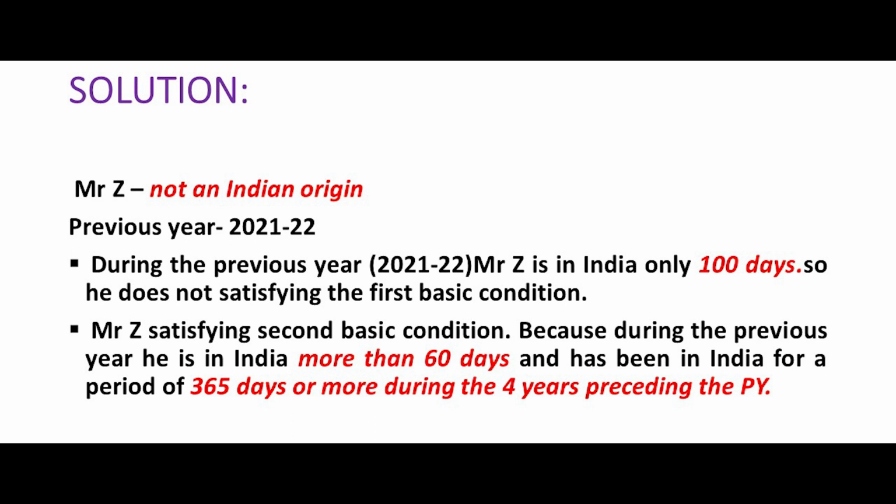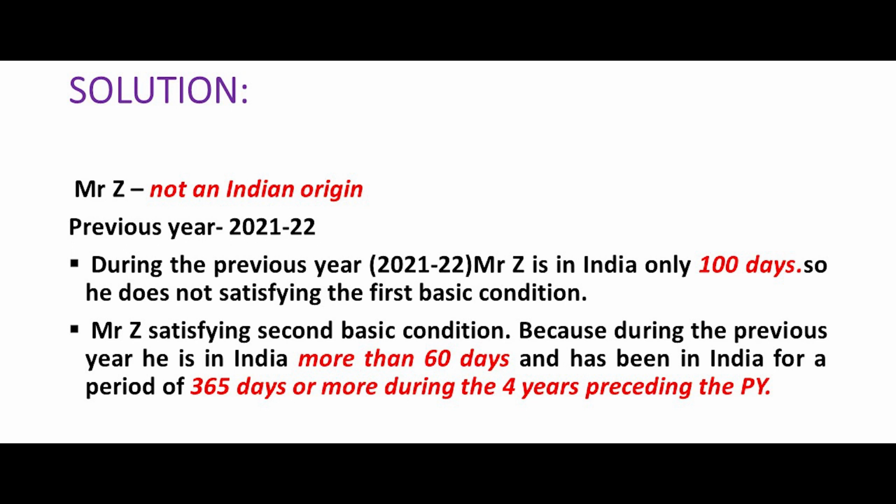That means more than 60 days. And before 2021-22, that means in the 4 years before, he stayed in India every year 100 days. That means total 400 days. That means he stayed in India more than 365 days. So, he satisfied the second basic condition. Then we can move to the additional conditions.